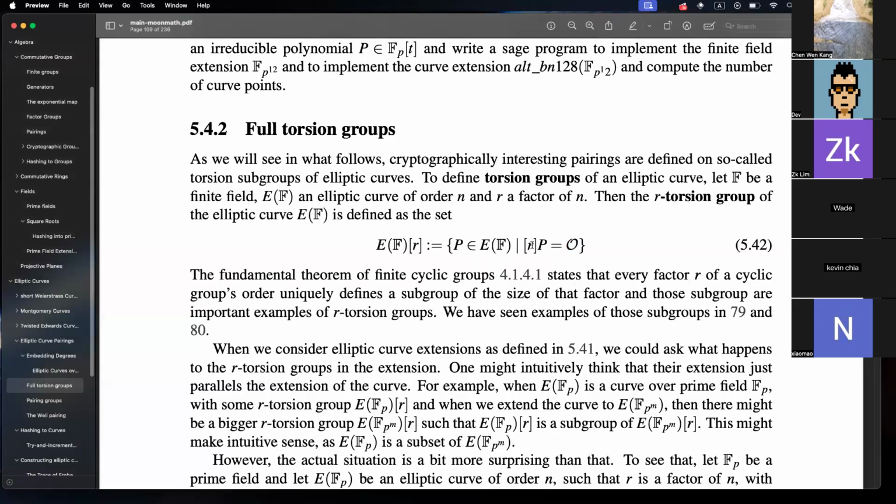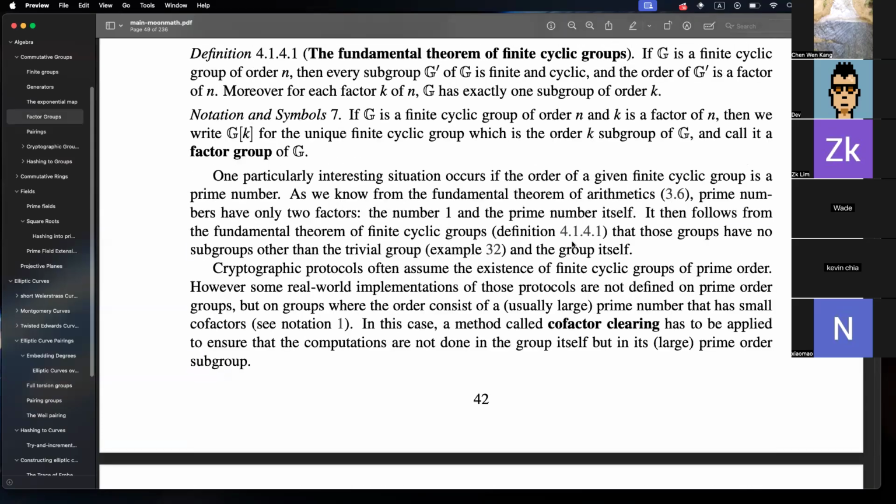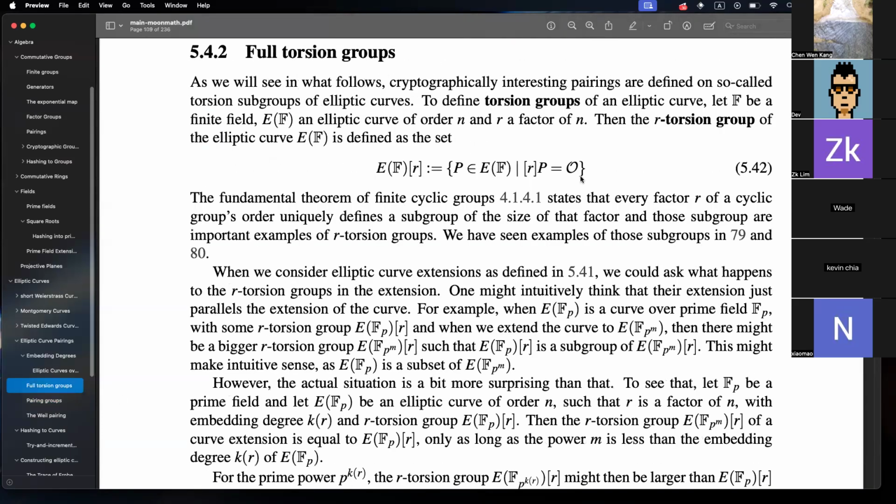Let's just remember we define the R torsion as E(F_q), so an elliptic curve over some field. So R will result in a set of points on this elliptic curve, and R times each of the points in this set will be equal to infinity, right?